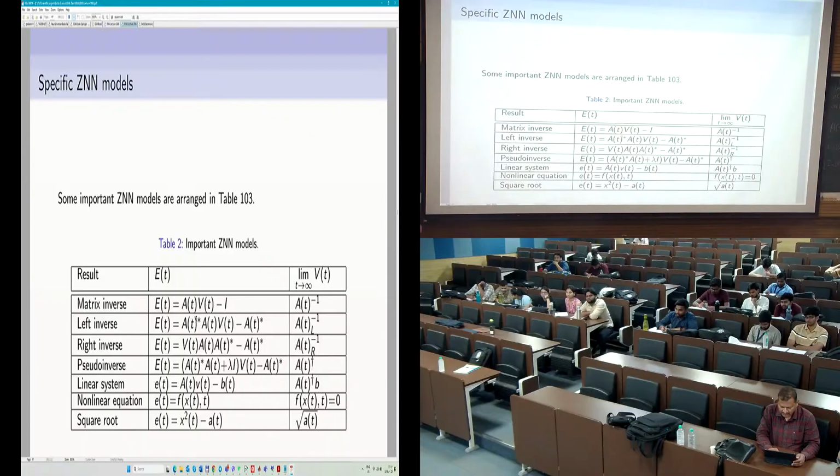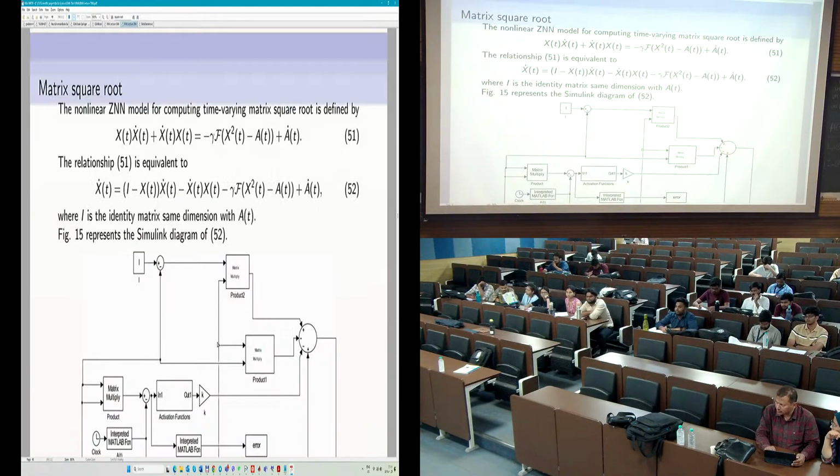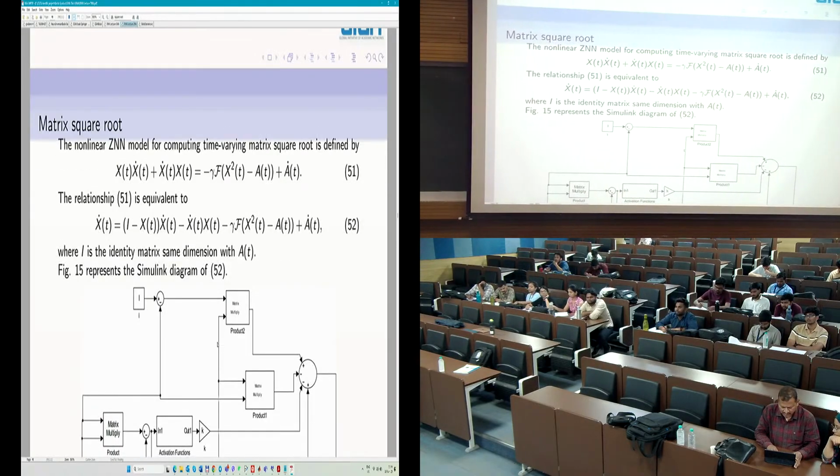A of t should be positive definite. Model for computing matrix square root. Again, we can consider it is a new matrix function which we want to compute using ZNN.